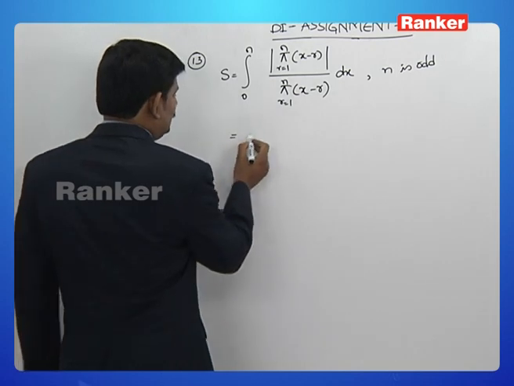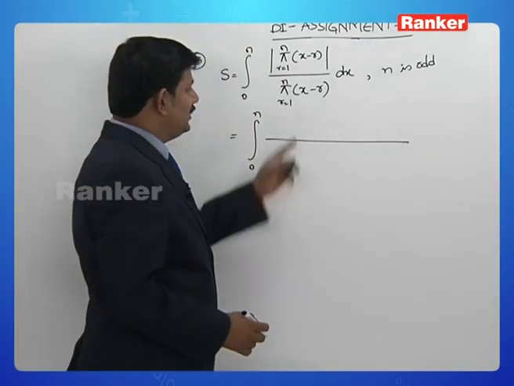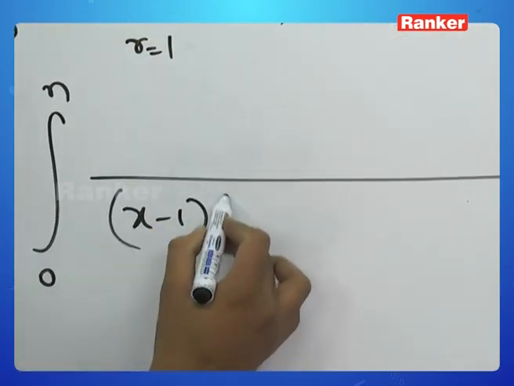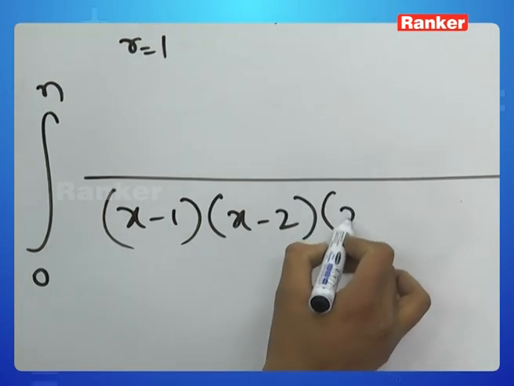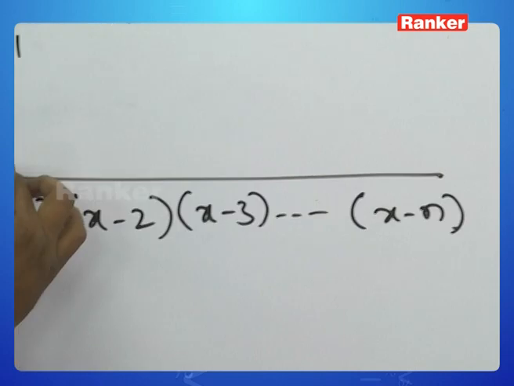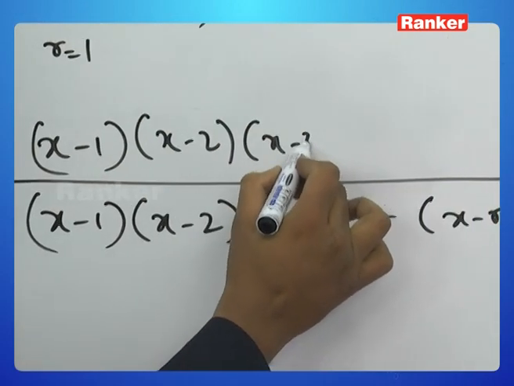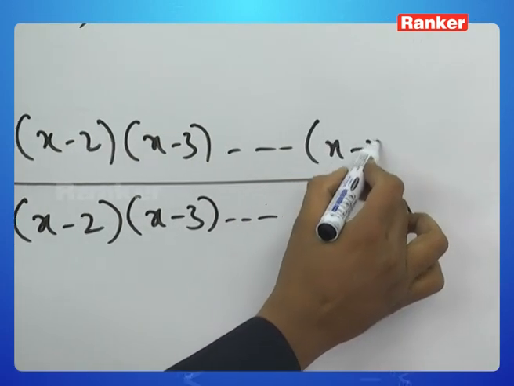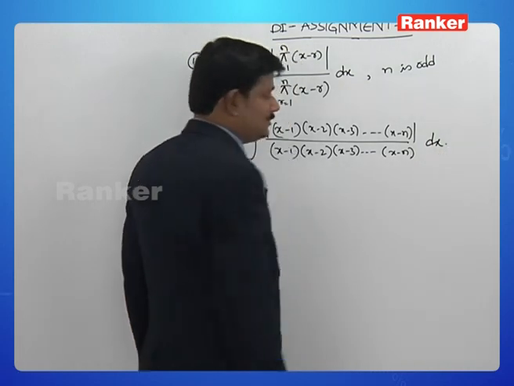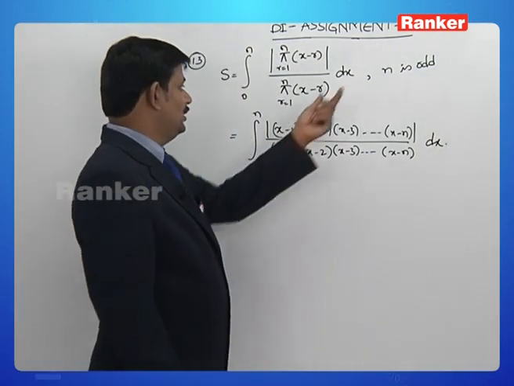So, let us say this integral 0 to n, this product can be written as starting from r equal to 1, x minus 1 into x minus 2 into x minus 3 into so on up to x minus n, and in the numerator we have x minus 1 into x minus 2 into x minus 3 so on up to x minus n within mod dx. And here n is given to be odd, n is an odd number.